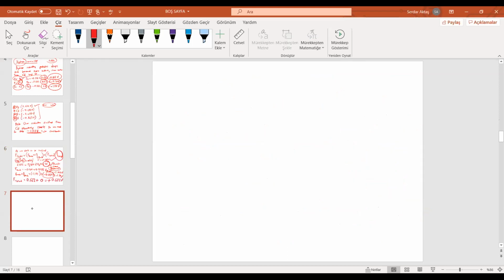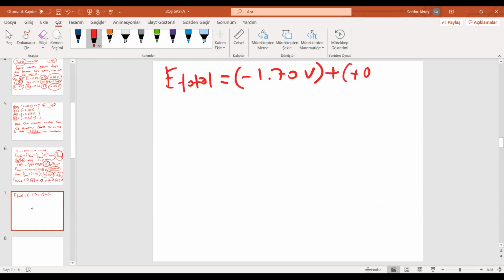When we combine them together, the minus 1.7 volt comes from the anodic compartment, and the 0.6 volt takes place in the cathodic compartment. E total is equal to minus 1.078 volt.